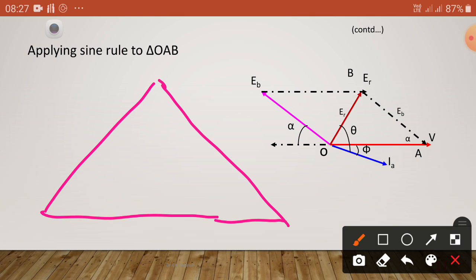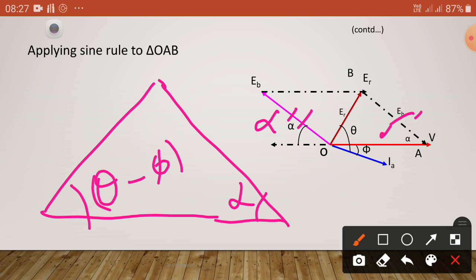Now what is happening here? This is the alpha, because this angle is equal to this one, the same alpha, and so we can write the alpha. Now what is the angle here? I am going to get theta minus phi. We know this angle, so we are going to assume this one.